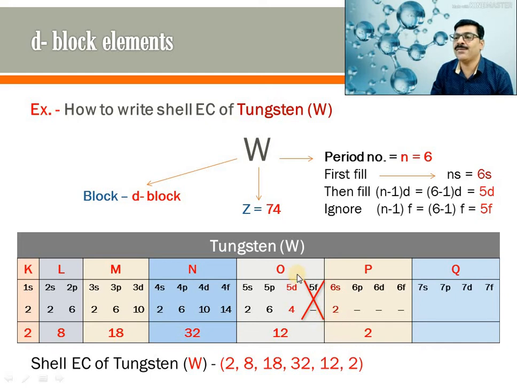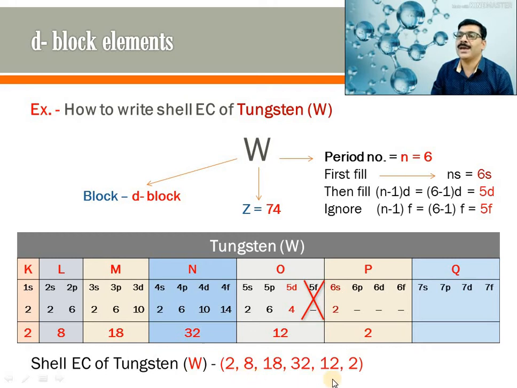Then the remaining 4 electrons enter the 5d orbital. So total electron is 74. And the electrons present in O shell are 2, 6, 4, means total 12 electrons. And 2 electrons are present in P shell, that is in 6s. So the shell electronic configuration of tungsten is 2, 8, 18, 32, then 12 and 2.